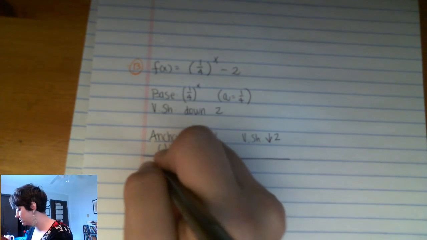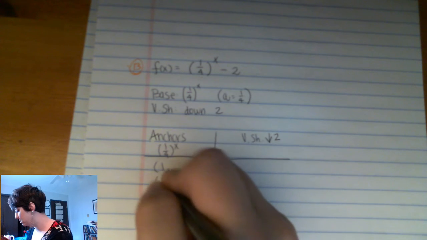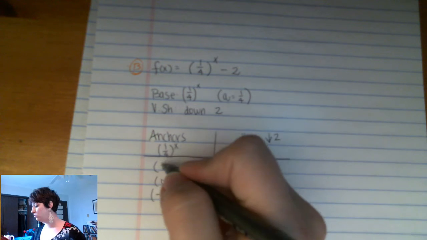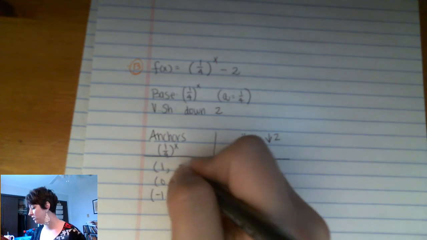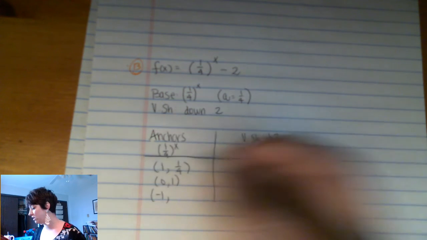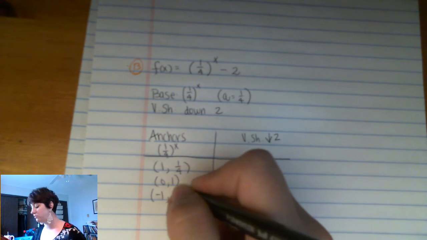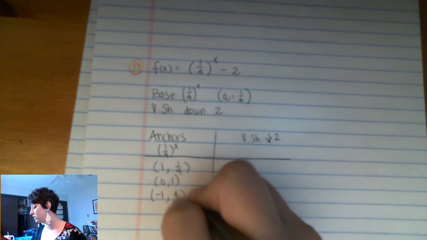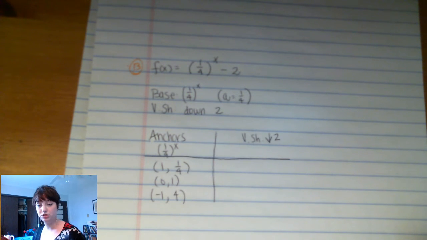So my points are 1, a, 0, 1, negative 1, 1 over a. So 1, a, here a is 1/4. So 1, 1/4, 0, 1, negative 1, 1 over 1/4. And remember, the negative makes reciprocal. Reciprocal of 1/4 is 4. So those are the points I start with.